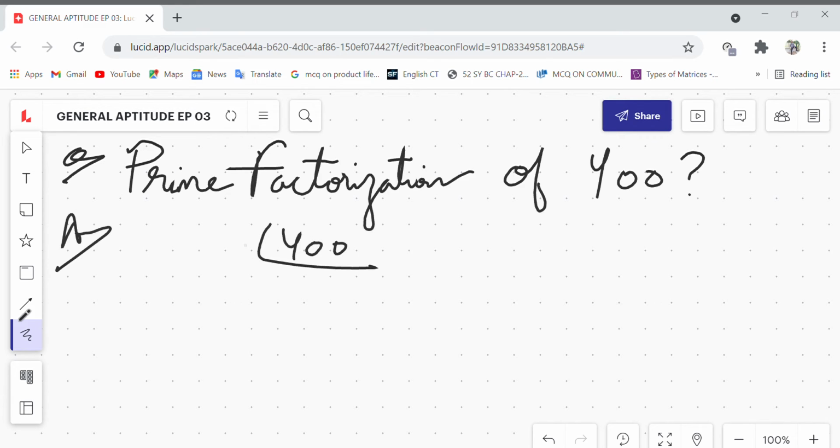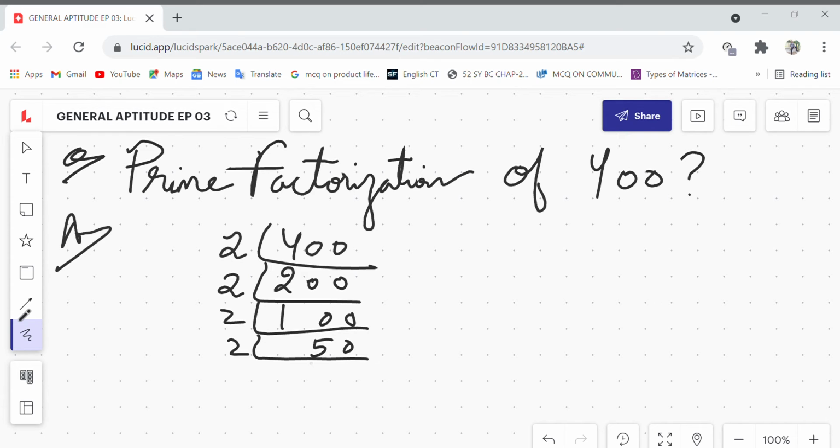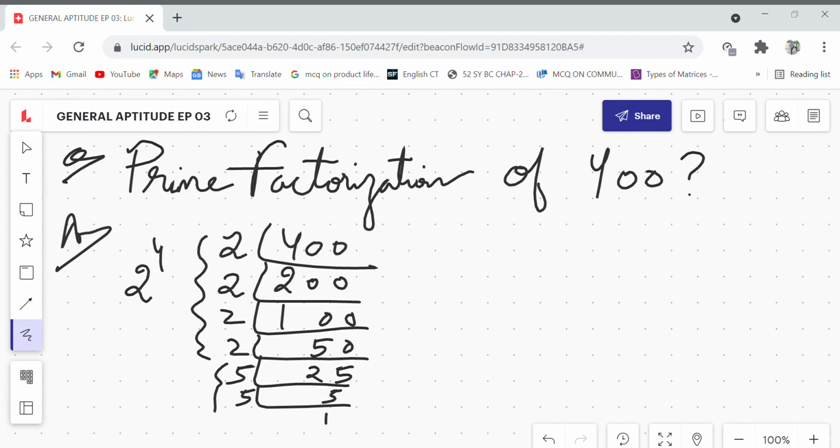400, 200, 100, 50, 25, 5, 1. So this is 2 to the power 4. This is 5 square.